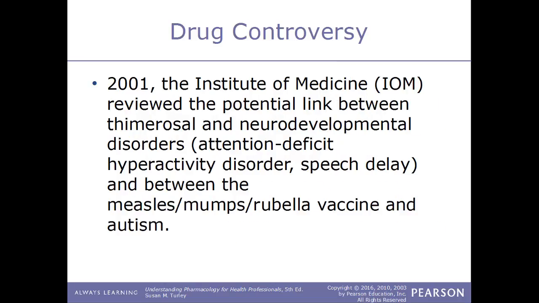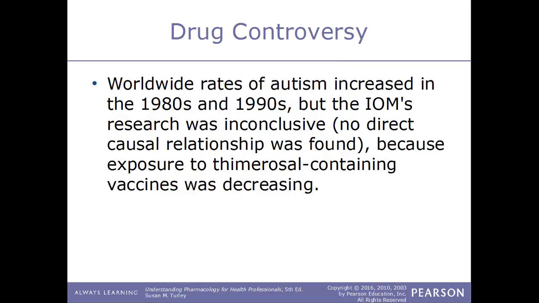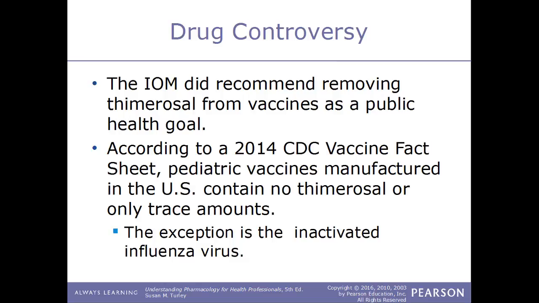In 2001, the IOM, Institute of Medicine, reviewed the potential link between thimerosal and neurodevelopmental disorders, such as ADHD and speech delays, and between the measles, mumps, rubella vaccine and autism. Worldwide, rates of autism increased in the 1980s and 1990s, but the IOM's research was inconclusive. No direct causal relationship was found, because exposure to thimerosal-containing vaccines was decreasing. The IOM did recommend removing thimerosal from vaccines as a public health goal.